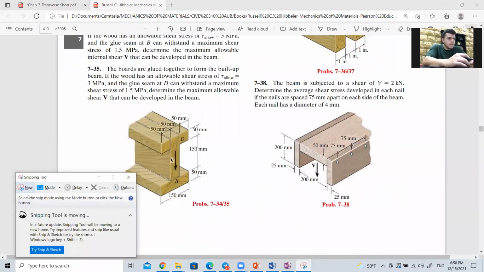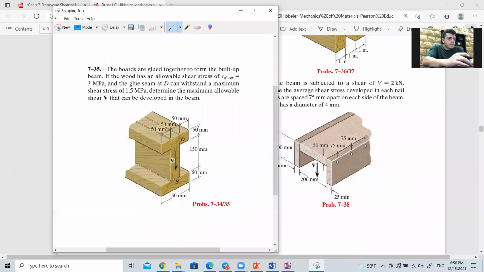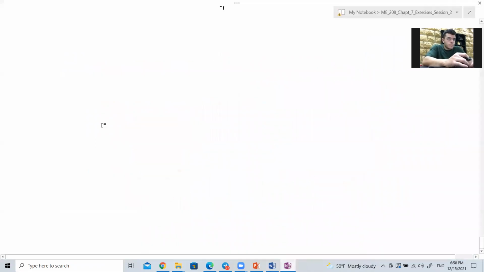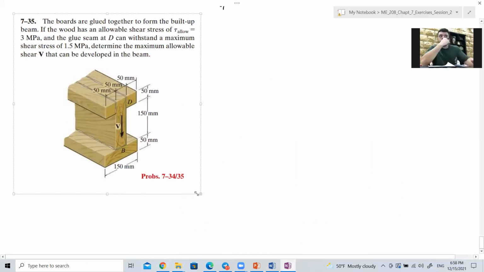اللي هو this. The bolts are glued together to form the built-up beam. تمام؟ To form the built-up beam.